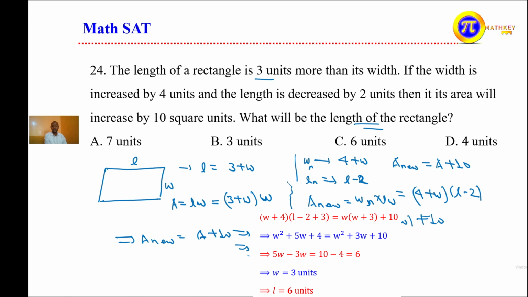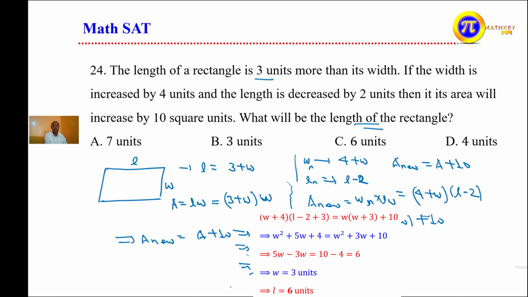When it comes here, W times W is W squared, plus 4 times W is 4W, W times 1 is 1W, it becomes 5W plus 4, equal to W squared plus 3W plus 10. We cancel W squared on both sides: 5W plus 4 is equal to 3W plus 10.